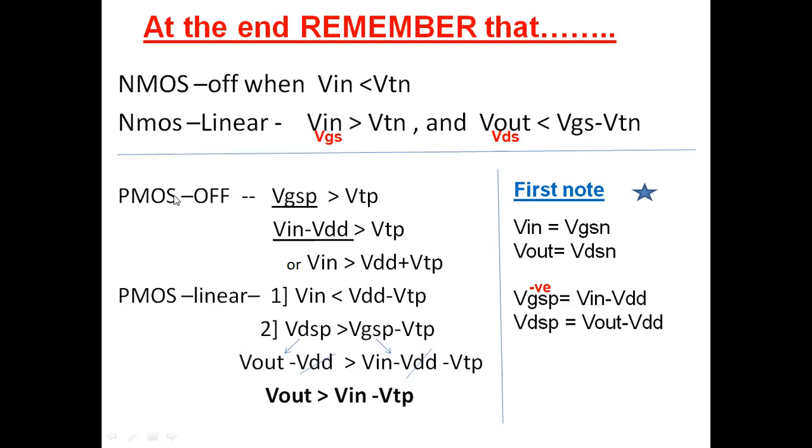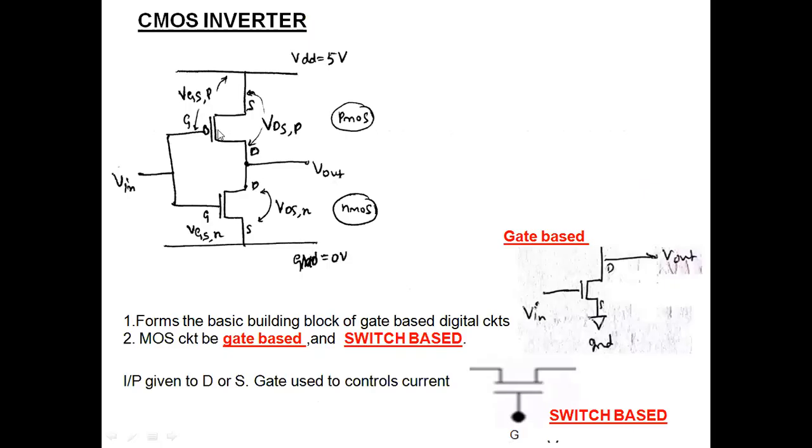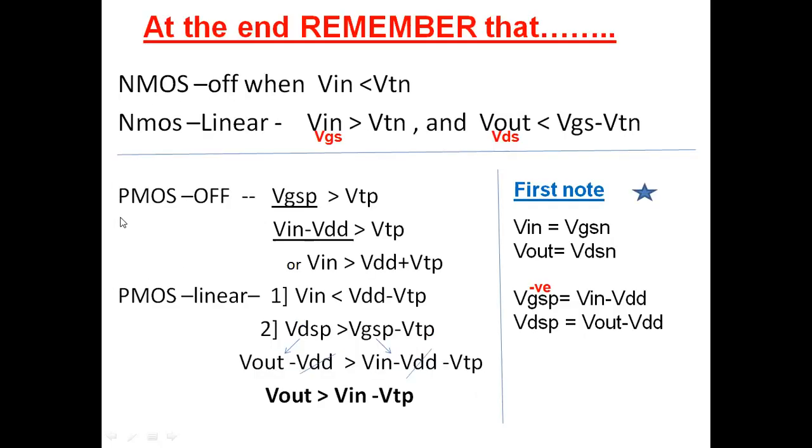Similarly, for the PMOS device, my PMOS will be in the off condition if VGSP is greater than VTP. So what is VGSP? This term is rightly shown here. VGSP is nothing but VG minus VS, where VG is Vin and VS is VDD.